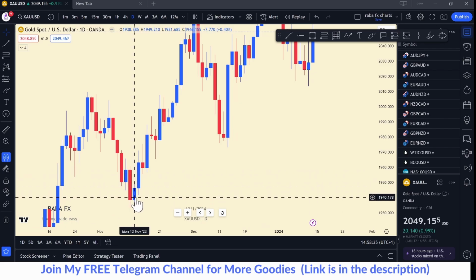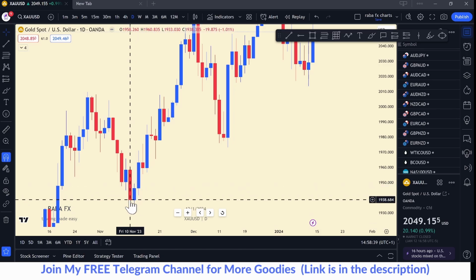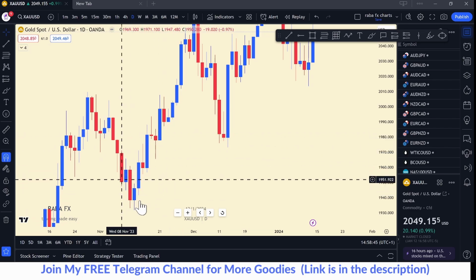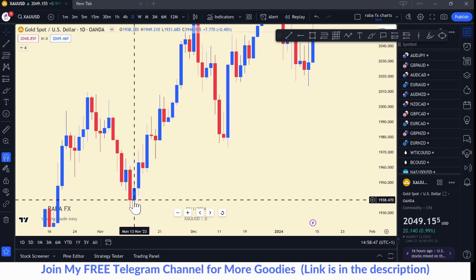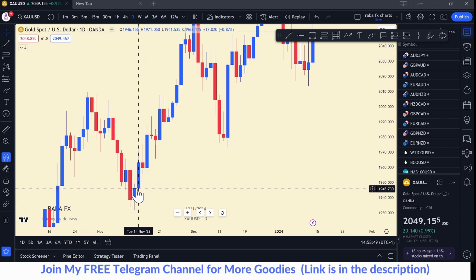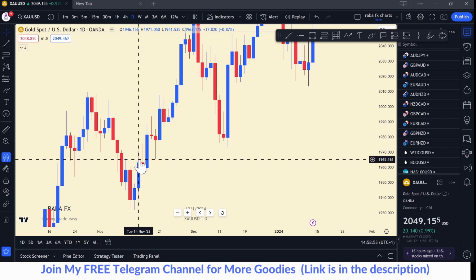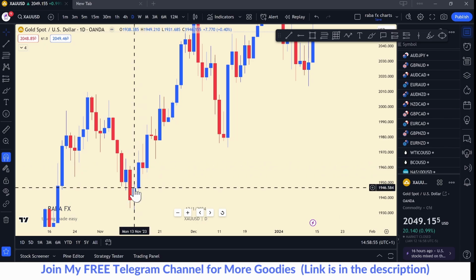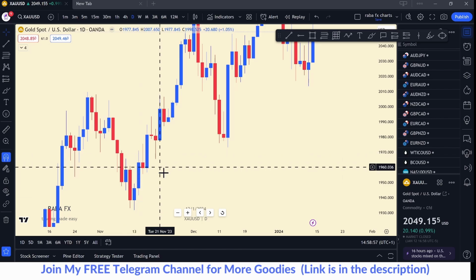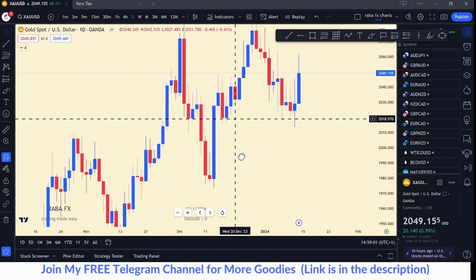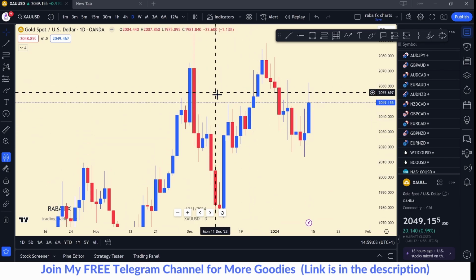Then immediately we have a bullish candle. The opening price of this bullish candle here simply signifies what? The reversal opening price. And for the continuation opening price, we have a bullish candle, and immediately after that bullish candle we have a continuation of that bullish candle. So that opening price there is the what? The continuation opening price. So the question is, how do you use this information to determine order flow?